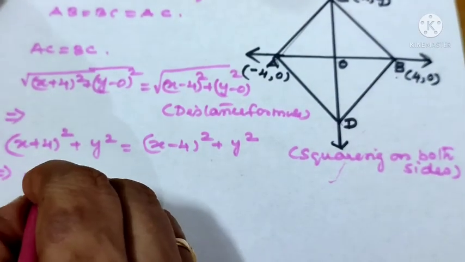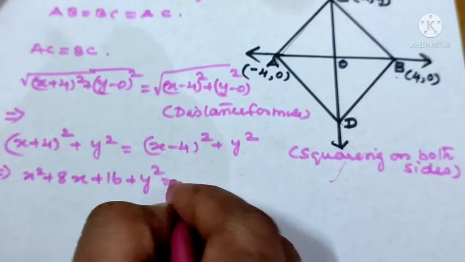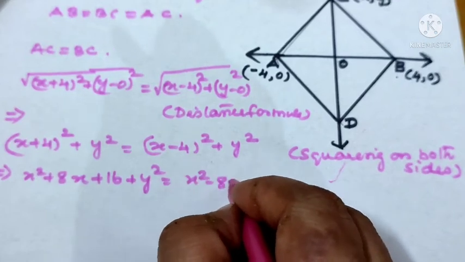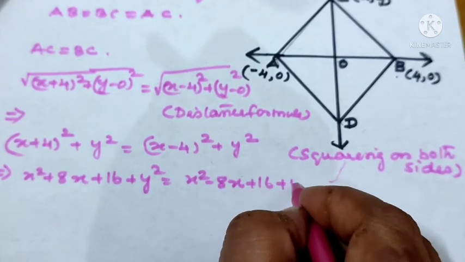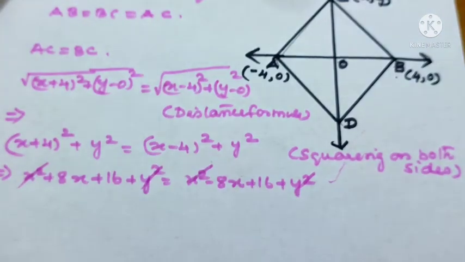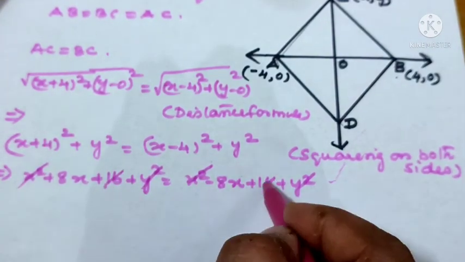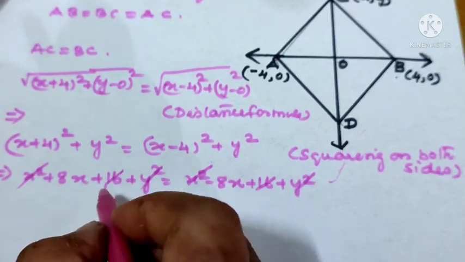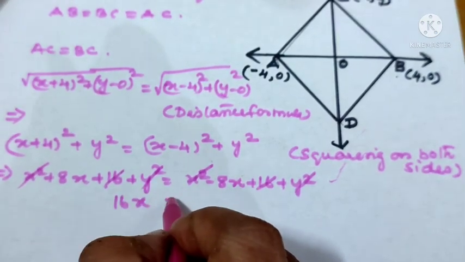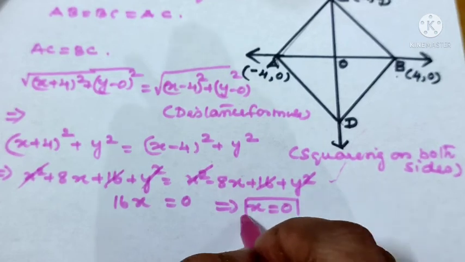Implies x square plus 8x plus 16 plus y square, x square minus 8x plus 16 plus y square. x square and y square get cancelled, 16 and 16 will get cancelled. So minus 8x I am bringing to this side, so 16x equal to 0 implies x equal to 0.